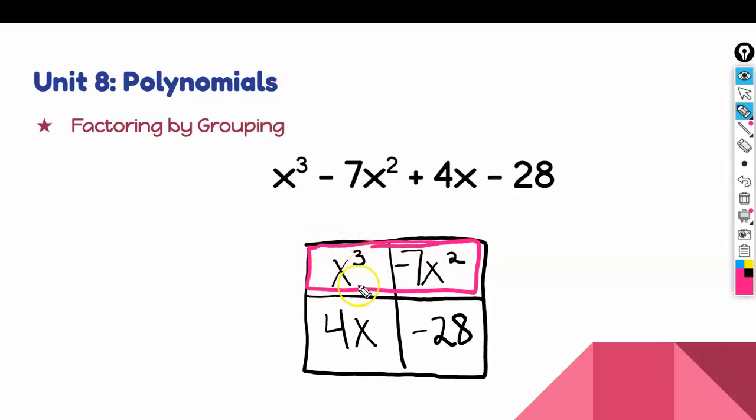Well, if I'm looking at my first row, x to the third and negative 7x squared, I can take out an x squared from both of them. In the second row, what they both have in common is that 4x and negative 28 can be divided by 4.